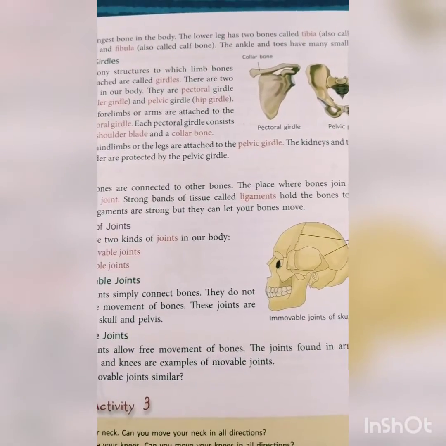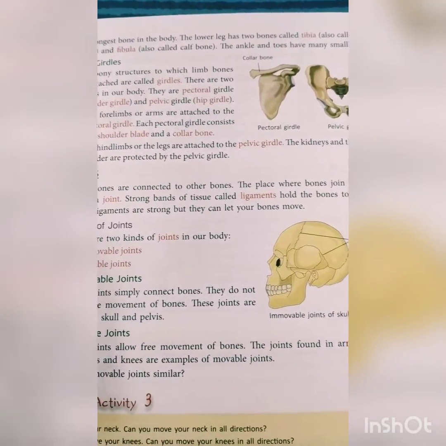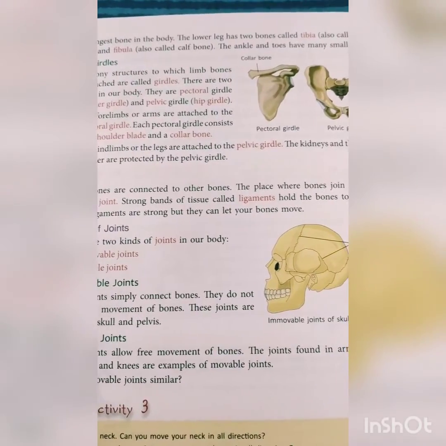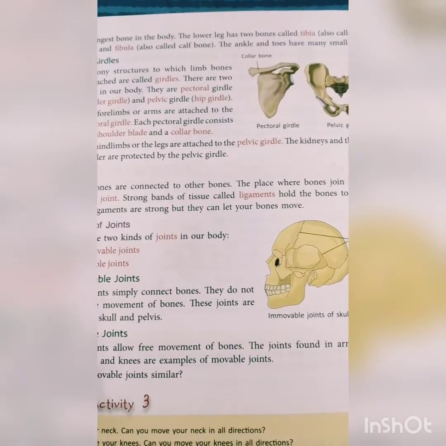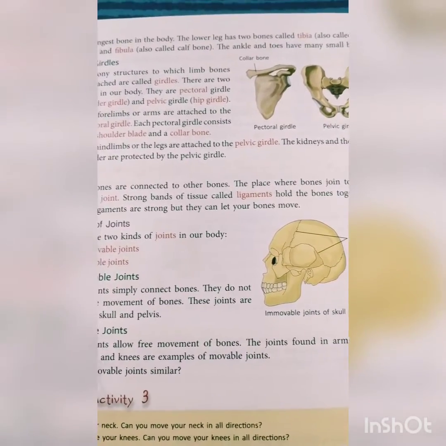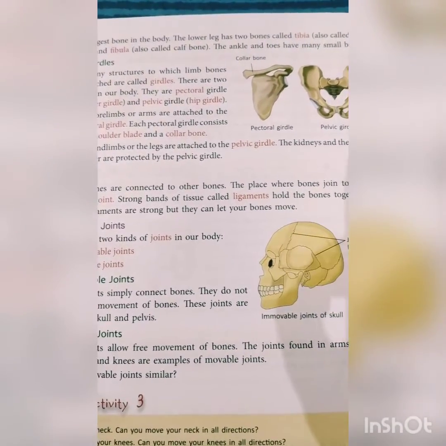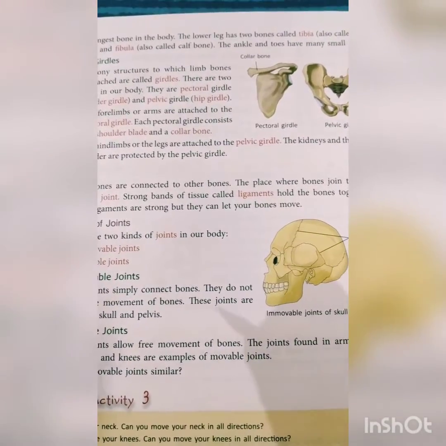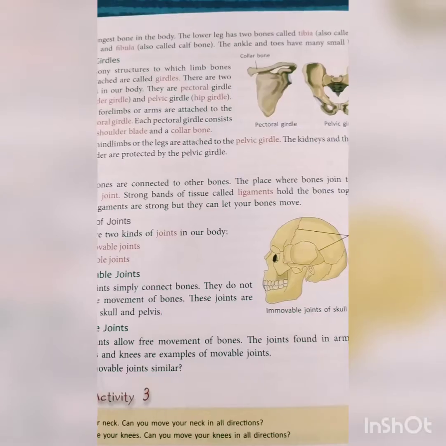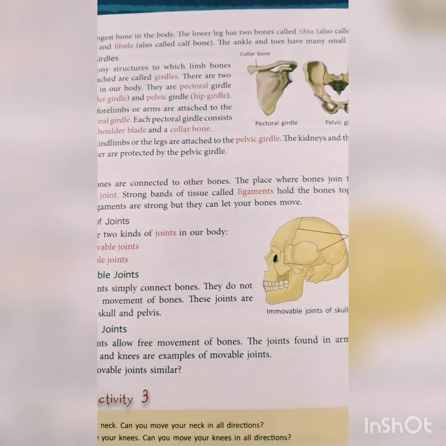These ligaments hold the bones together at the joints. Ligaments are strong, but they can let your bones move. So it is an elastic tissue which is able to make the bones move.